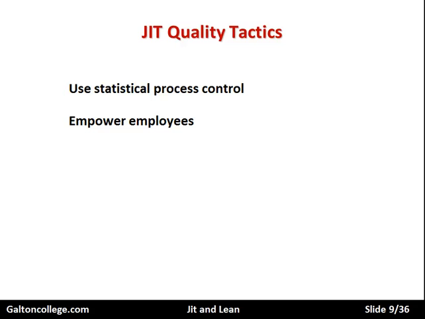The employees are looking at the output, making sure that the output is good quality, and the employees have the power to perhaps even turn off the machine or call in extra support if something is going wrong. So the employees are not simply operatives who press buttons and make the machine go, but the employees are looking at the quality of the output also. They're an extra set of eyes, they're an extra set of hands that are involved in the quality control process.